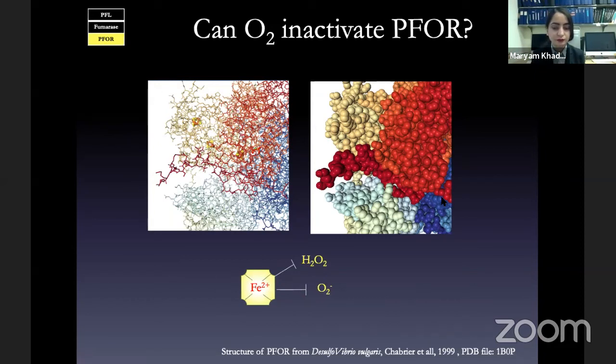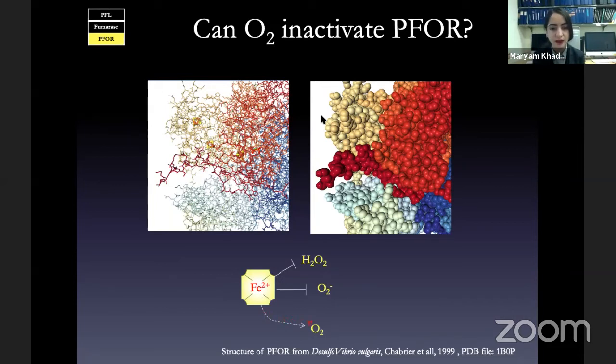But what is different about oxygen is that oxygen is capable of what we call outer sphere electron transfer. It means that electrons can basically hop to oxygen without it being directly bound to its target. Therefore, if the cluster is inside here and we have oxygen here, the electrons can basically hop from the cluster to oxygen.